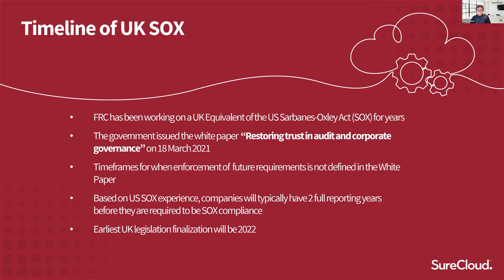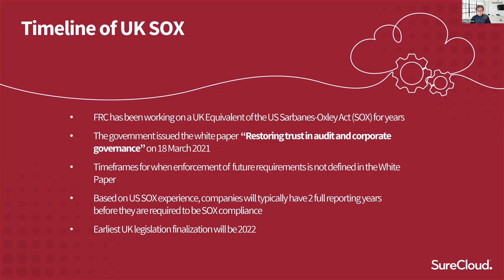Basically, that white paper sets out different approaches and options to ensure that there are certain steps a large organization takes to regain the confidence of the market as well as its shareholders and investors.